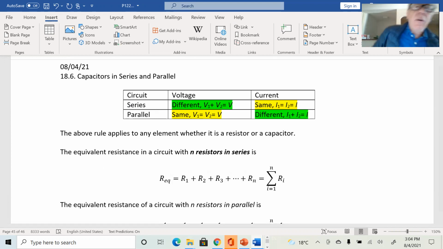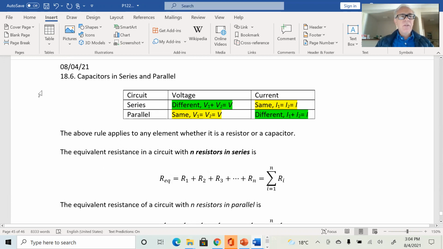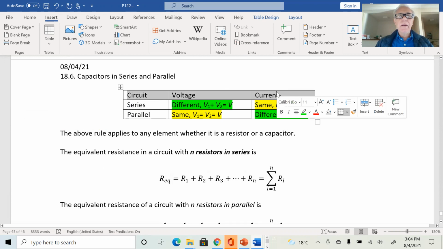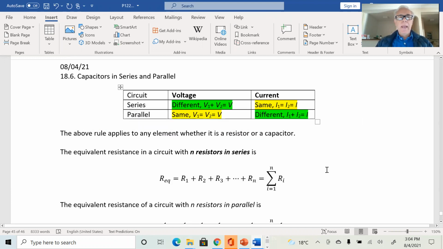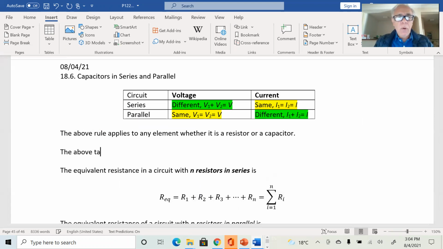As a consequence, there is an important result for the situation you see right here. The above table, combined with Ohm's law, V equal to Ri, leads to the following result for the equivalent resistance of N resistors.